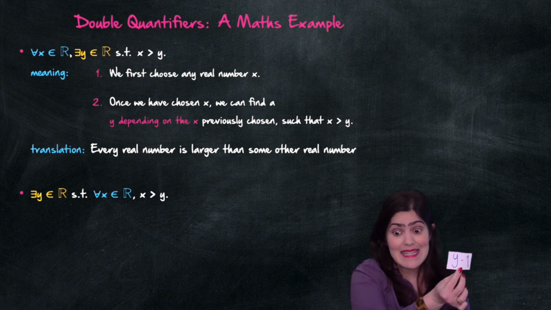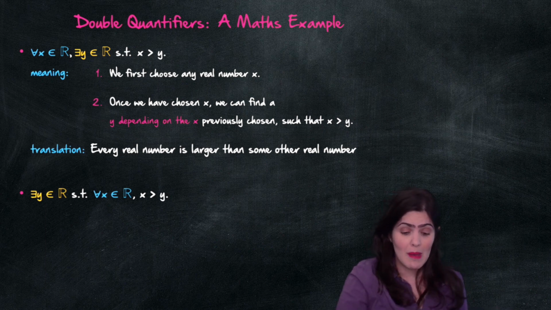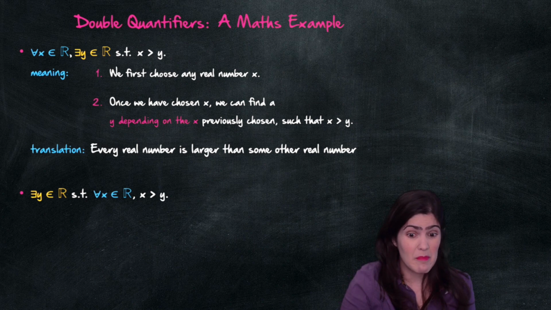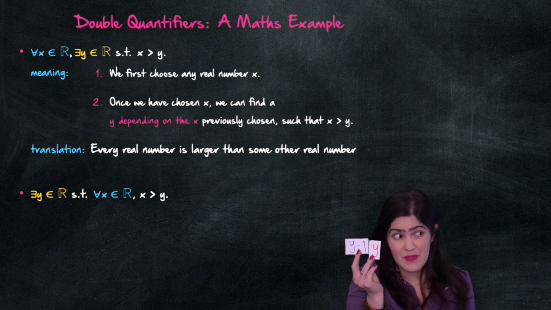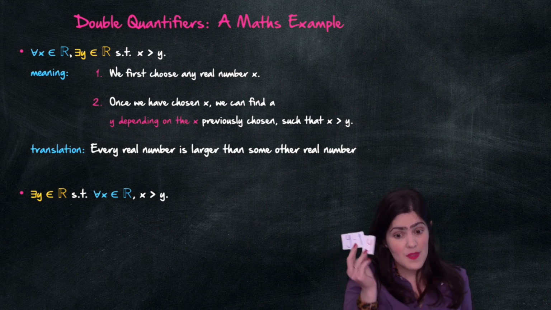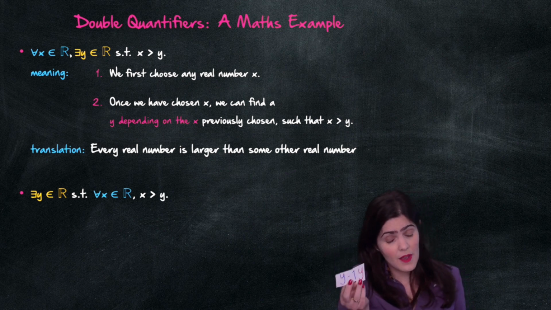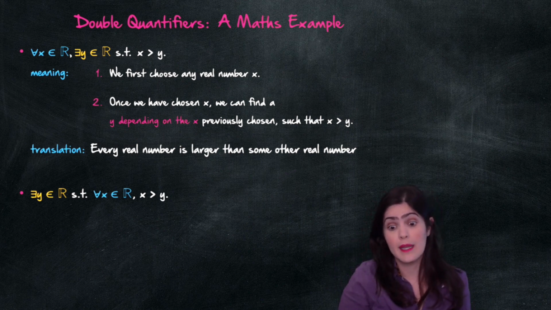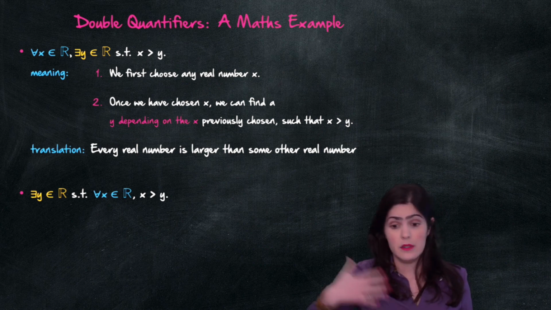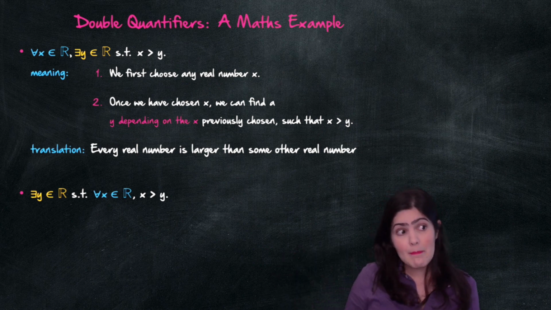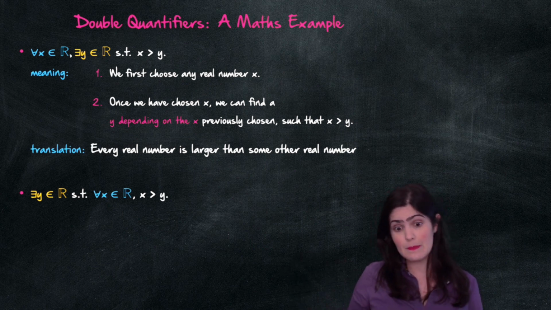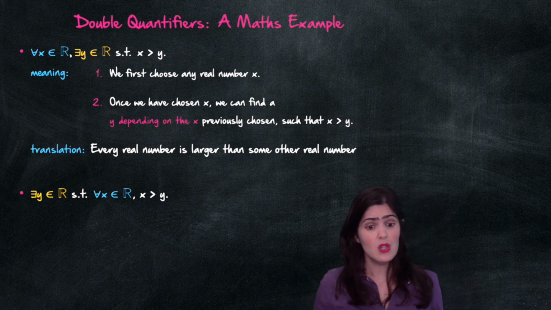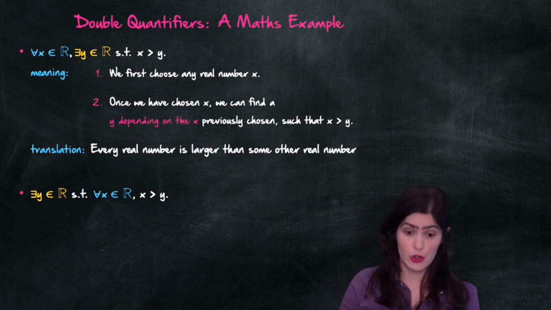Y minus 1 is less than y. So no matter which real number y I pick, I can always define x to be y minus 1, and then x would be smaller than y. So this is never ever satisfied, because no matter which real number y we pick, y minus 1 is less than y, y minus 1000 is less than y. So this is not true.